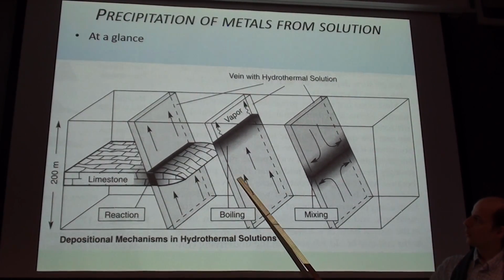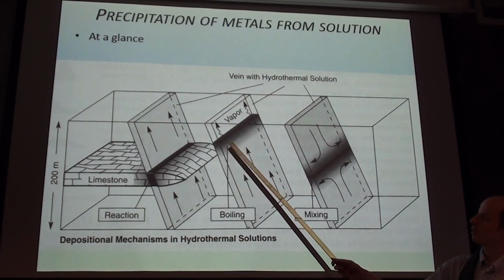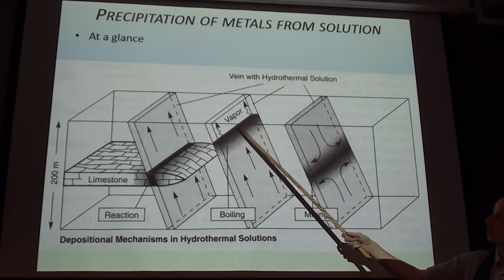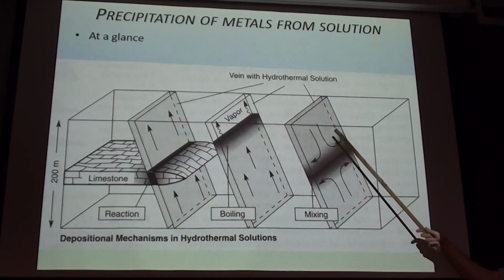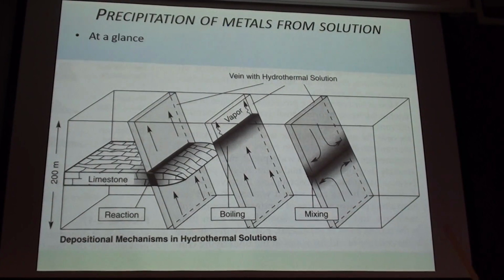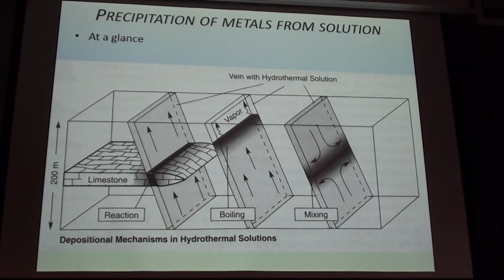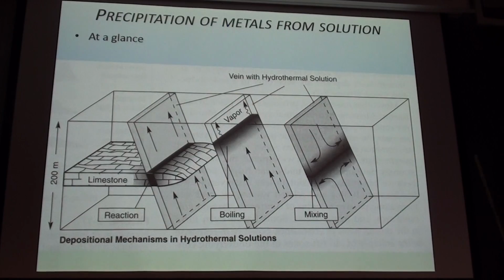By boiling, as we reach shallower depth in the crust and lower pressure, we get vapor separation and boiling, which precipitates ore minerals. Or by mixing a deeper, hotter, maybe more acidic solution with a shallower, cooler, more neutral solution, and we have the precipitation of minerals there. So if you understand things like this, you'll be a long way towards doing well.